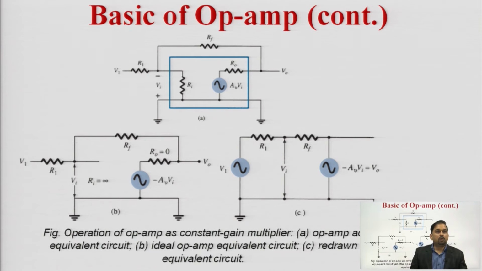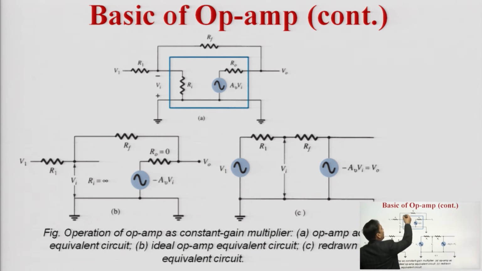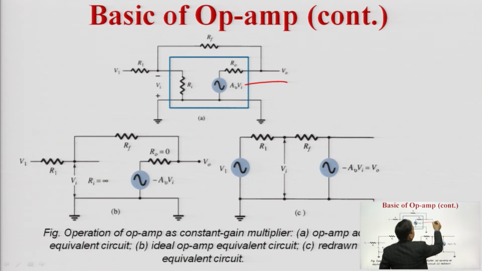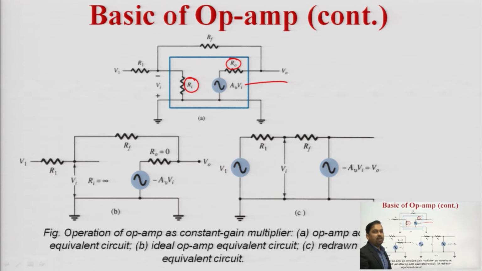Now, if we replace the op amp here by its equivalent, first of all, for a practical op amp we need to include Ri, R naught and AdVd, or we can say AV into Vi, where Vi is the input voltage here.